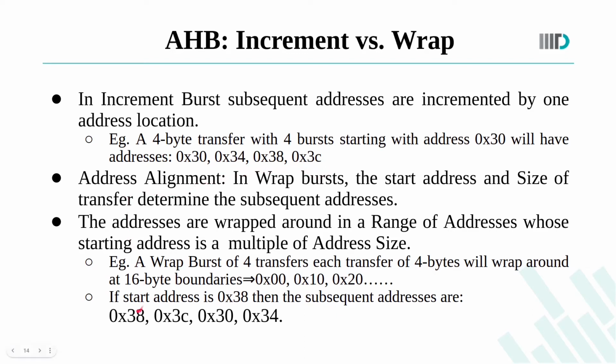But in a wrapping transfer, if the start address is 0x38, then it sends 0x3c, and after that you would expect 0x40, but instead it wraps around the address boundary and sends 0x30 first, and then 0x34.